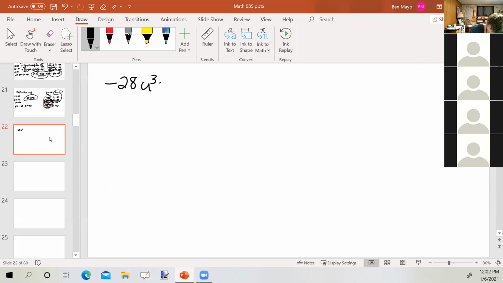u cubed v cubed plus 26 u squared v to the 4th power minus 6 u v to the 5th power.